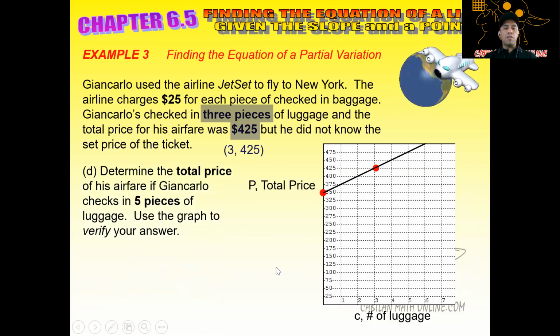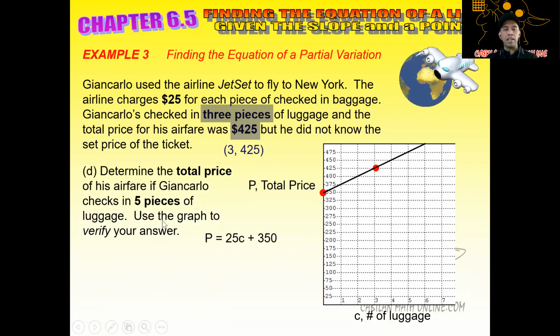It says, determine the total price of his airfare if Giancarlo checks in 5 pieces of luggage. We're going to solve it using the equation, but we're also going to check it on the line using interpolation or extrapolation. We'll figure it out once we answer the question first. Always start off by writing down the equation.